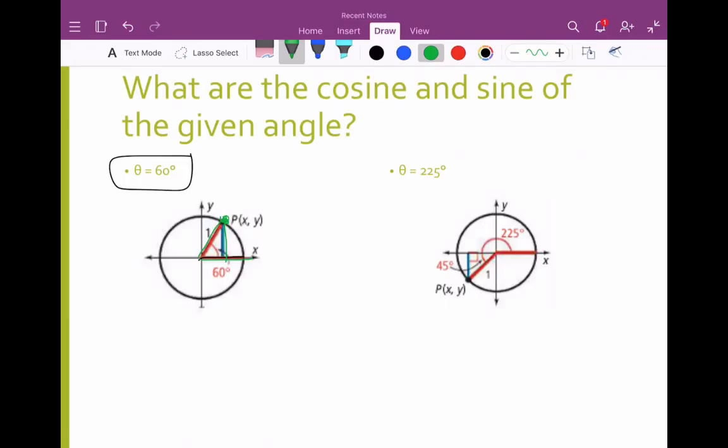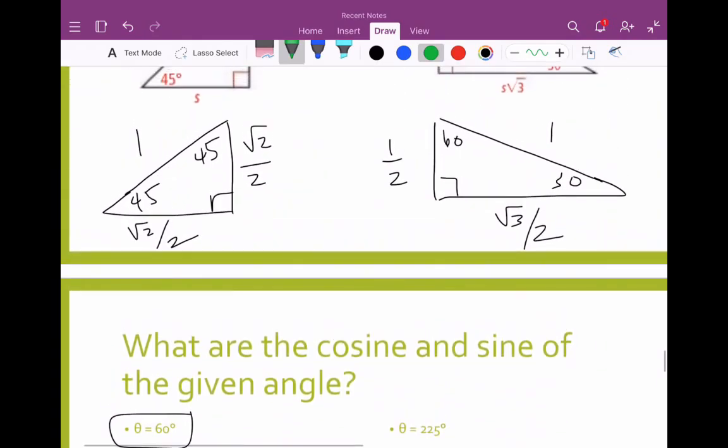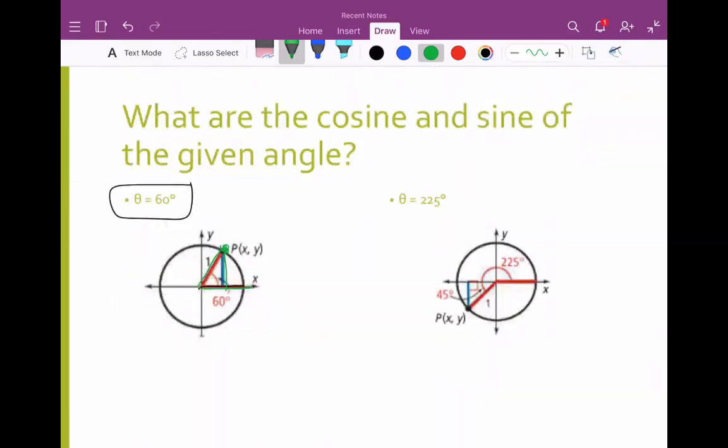And I know that that's a 60-degree angle. So if I look back at my 30, 60, 90 special right triangle, which is right here, I see that across from the 60-degree angle, we have the square root of 3 over 2. And across from the 30-degree angle, we have 1/2. That means that across from this angle here, that side is the square root of 3 over 2. And then this shorter side is 1/2.